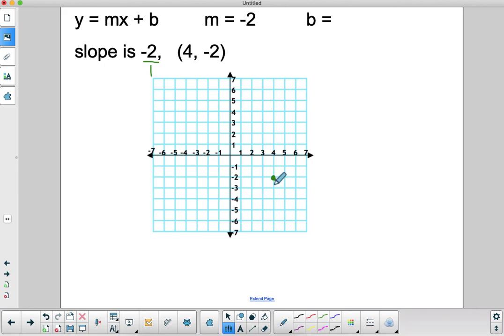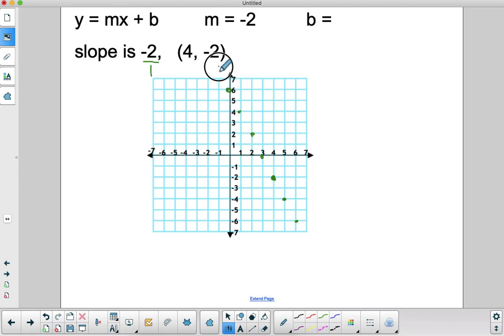So if we have -2, that would go down 2, right 1, down 2, right 1. And if you notice, we're not going to find our y-intercept heading in this direction. It's just getting further and further away from the y-axis. So we have to reverse it. Up 2, left 1, up 2, left 1, up 2, left 1, up 2, left 1. And there we have our y-intercept.